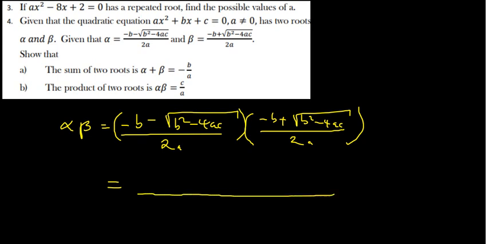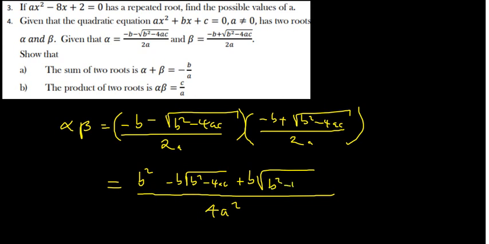If I multiply the two denominators, we get 4a squared. If we multiply the numerators, negative b times negative b gives positive b squared. Then negative b times this term gives negative b times the root of b squared minus 4ac. And then negative root times negative b gives positive b times the root of b squared minus 4ac.